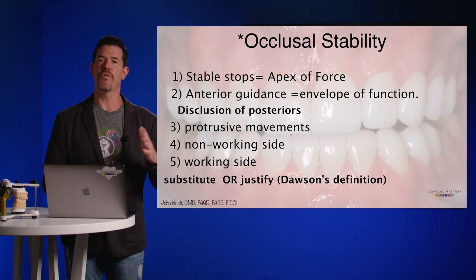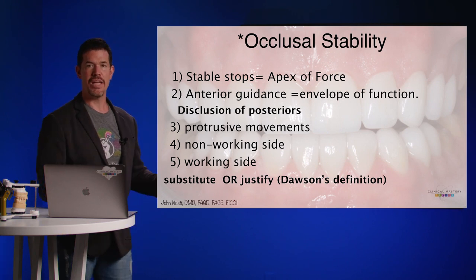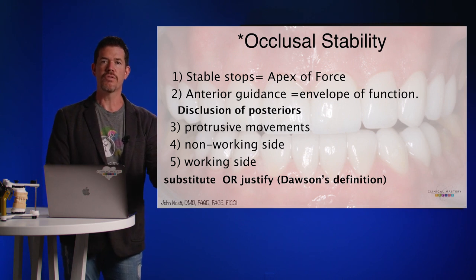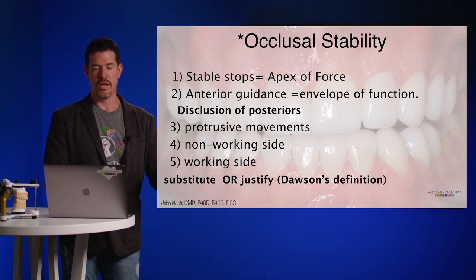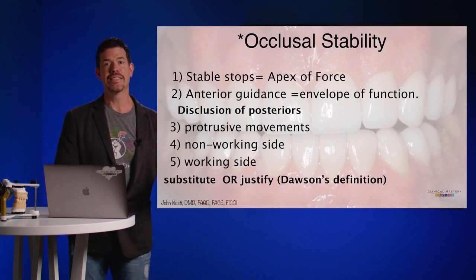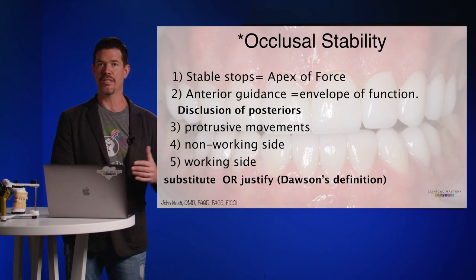The next 3 requirements for occlusal stability all refer to the back teeth getting out of the way. So number 3 said when you slide your jaw straight forward in protrusive, your back teeth don't touch. Number 4 said when you go to the non-working side, so when you grind right or grind left, the opposite side doesn't touch.